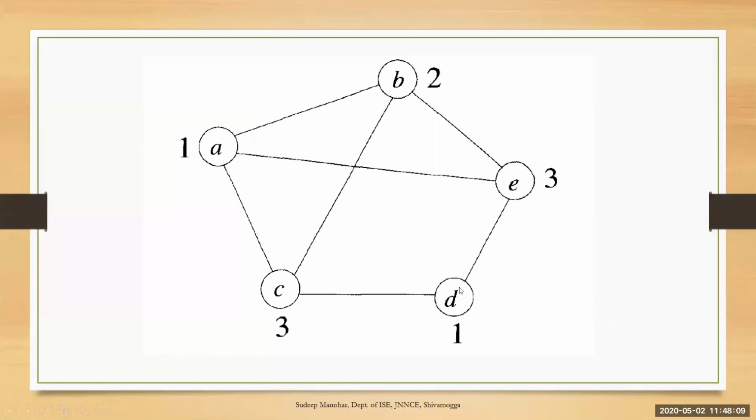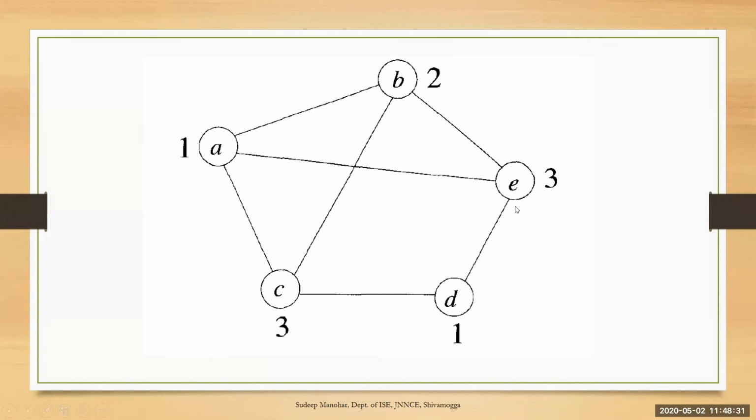Move to the next vertex, D. Once again, start with 1. Whether D can be given 1? Yes, it can be given 1 because D is not adjacent to any of the vertices with color number 1. Okay, so it can be given the color number 1. Move to the last vertex, vertex E. Now start from 1.